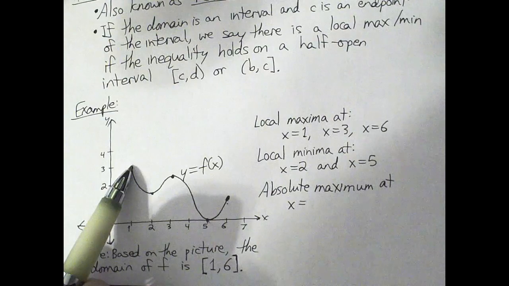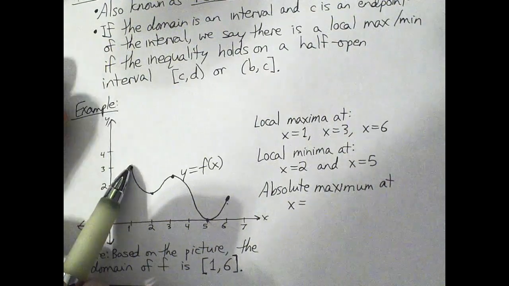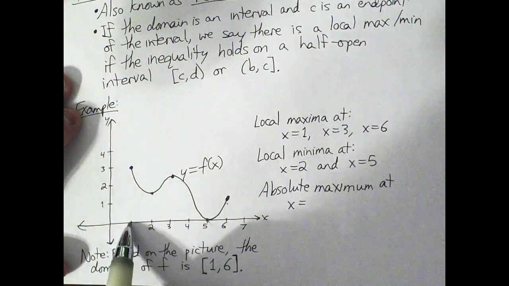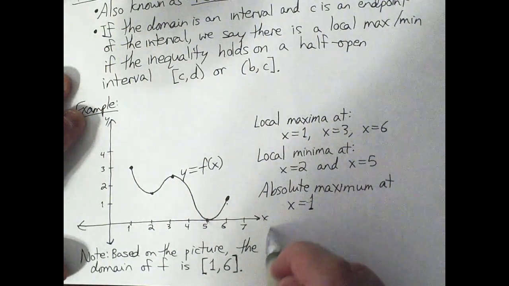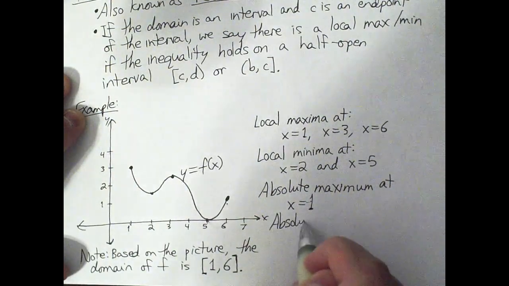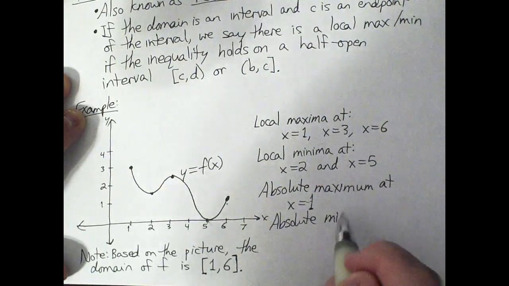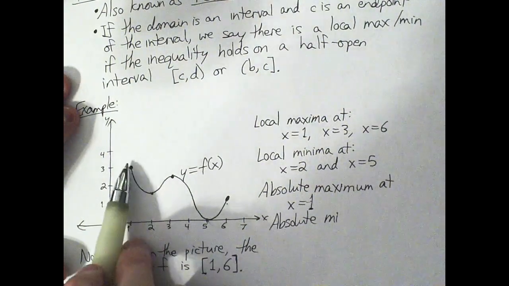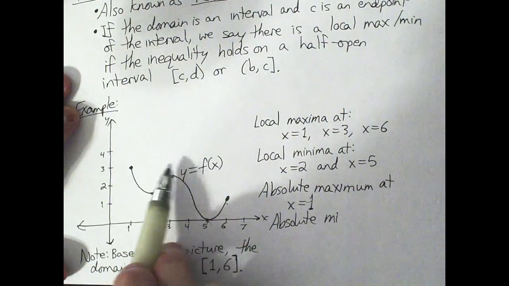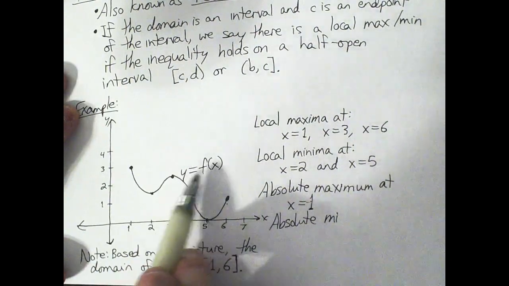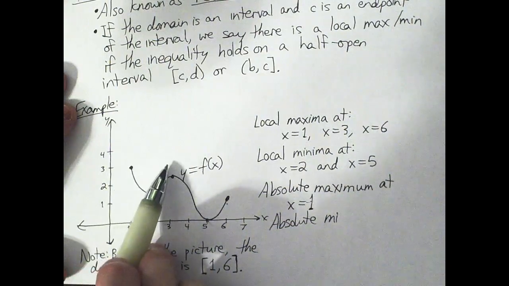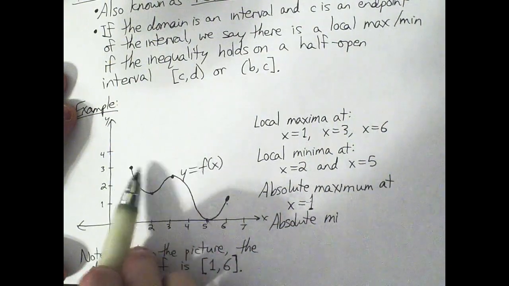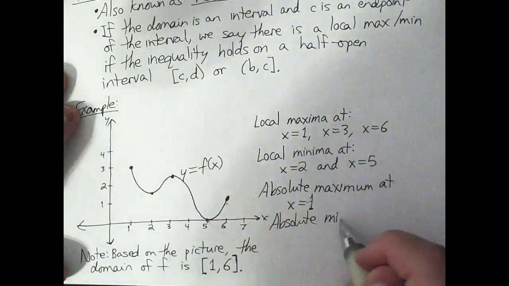This looks like the largest f of x value that occurs, so it happens at an x value of 1. Oh, by the way, when you find the absolute maximum, just quickly check to see, are there any other places that are sort of tied for first place? Is there anything else that's also equally this high? And no, there is not. So there's just the one.